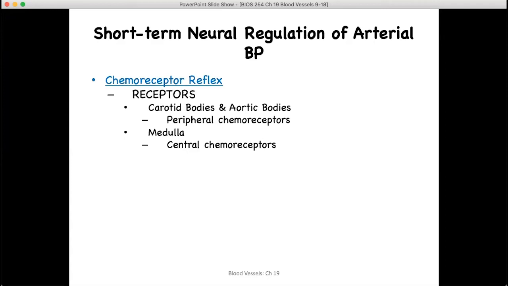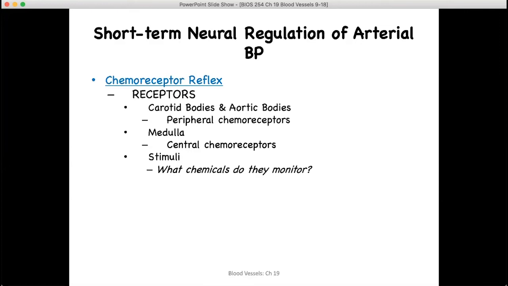The peripheral chemoreceptors are monitoring the levels of oxygen, carbon dioxide, and the pH of the blood. The central chemoreceptors are monitoring pH related to carbon dioxide levels. So the stimuli will be a decrease in oxygen, an increase in carbon dioxide, or a decrease in pH.